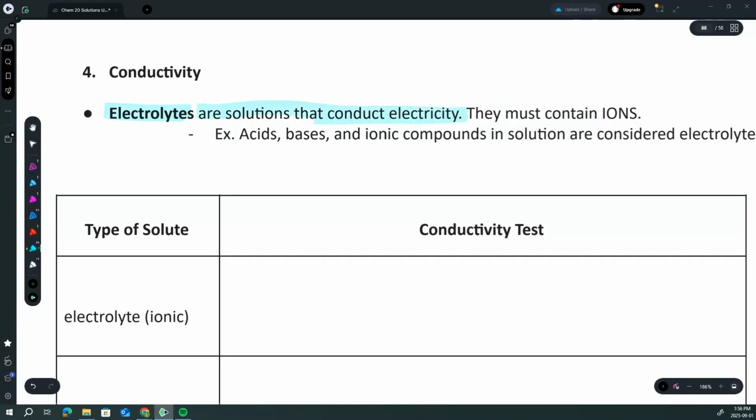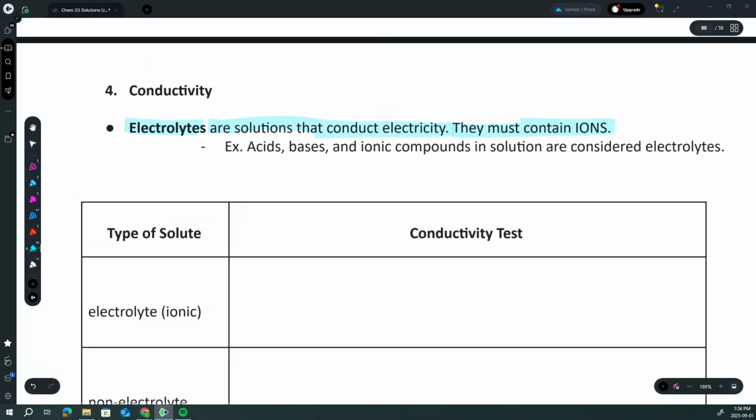Now, the reason why they can conduct electricity is because they contain ions. So if your compound can dissolve and break apart into ions in whatever your solvent is, which is usually water, it's going to be an electrolyte. But if it can't break up into ions in whatever your solvent is, then it will be a non-electrolytic solution.